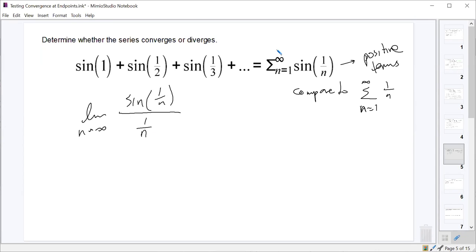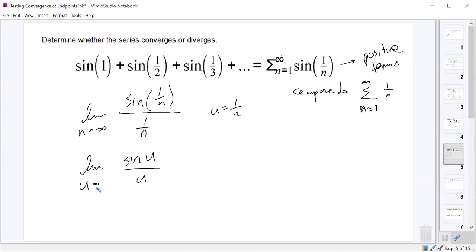So if we want to do a substitution, we can do u equals 1 over n. And if u were to equal 1 over n, that's going to give us sine of u over u, which is very conveniently a limit that we know if our variable is approaching 0.